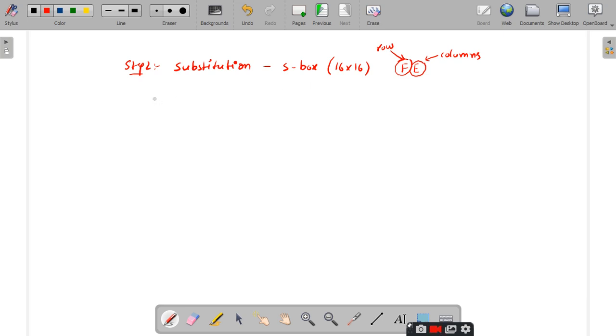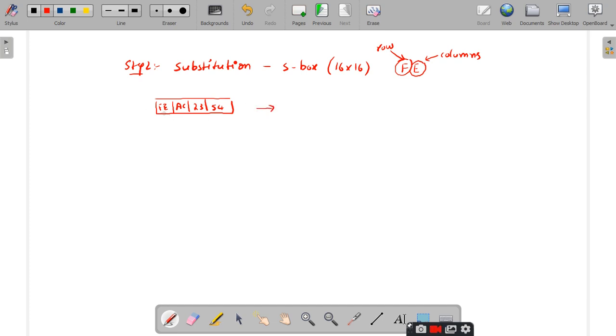So what is the output we got from the previous step? FE, AC, 23, 54. So we have to substitute these bytes with the S box values.